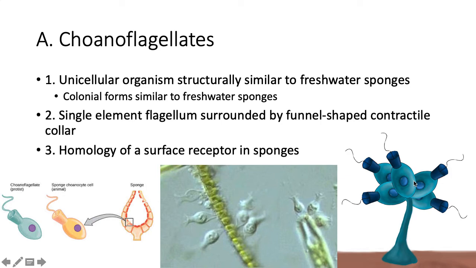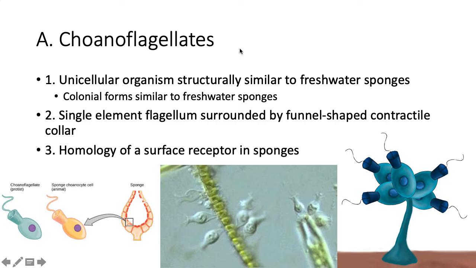That's one piece of evidence that shows that choanoflagellates are closely related to animals. Another, and this is new, they have found a homology of a surface receptor in sponges that is responsible for phosphorylation. So just more evidence that choanoflagellates are probably ancestral to animals, aka sponges.